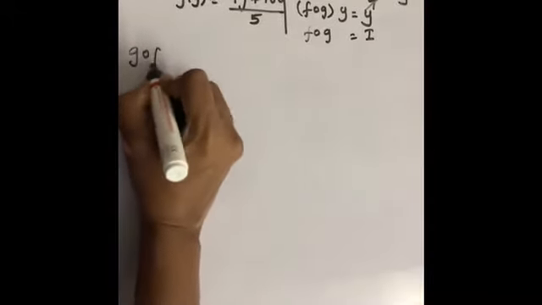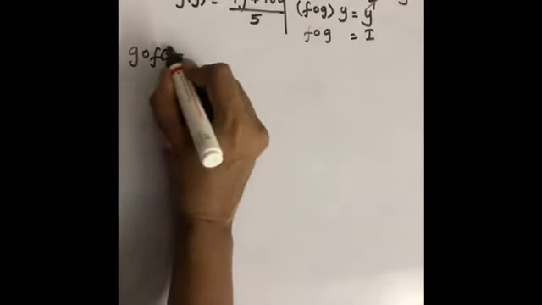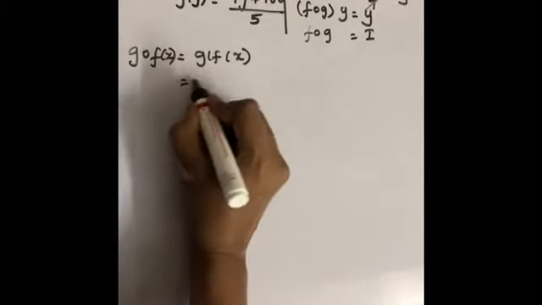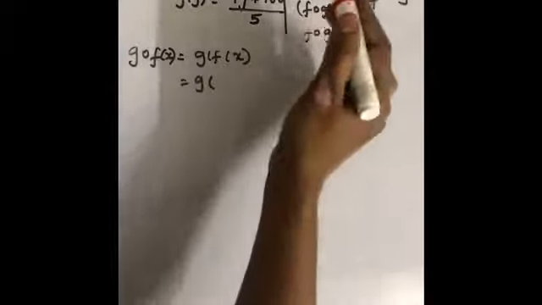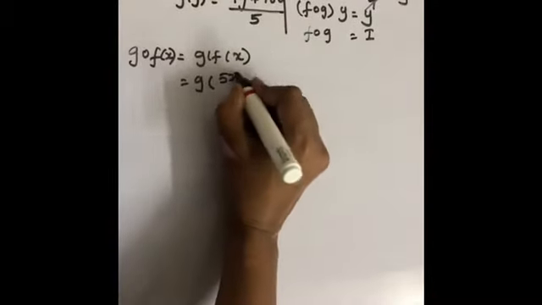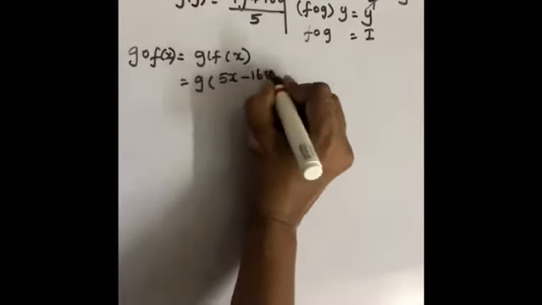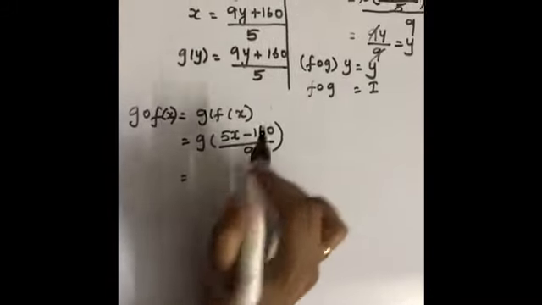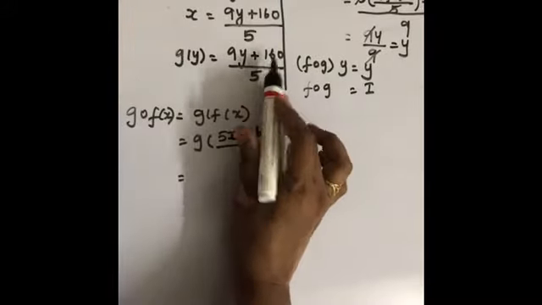g composite f of x is equal to g of f of x. What is f of x? f of x is (5x minus 160) divided by 9. g of y is (9y plus 160) by 5.